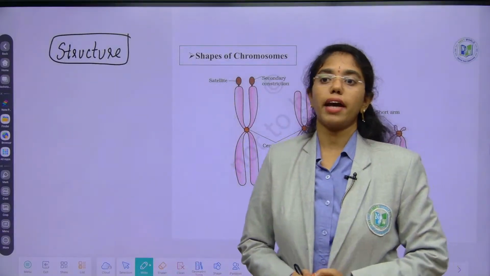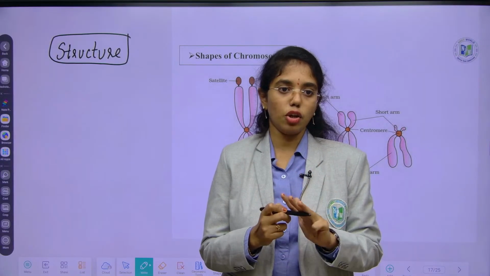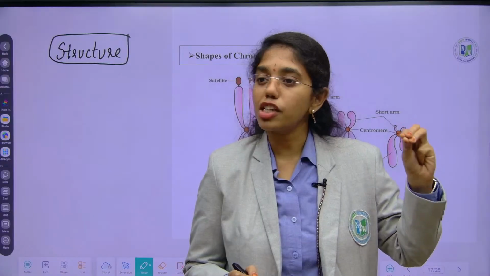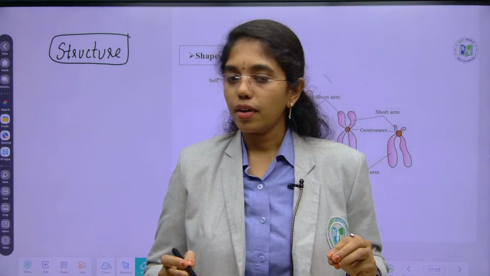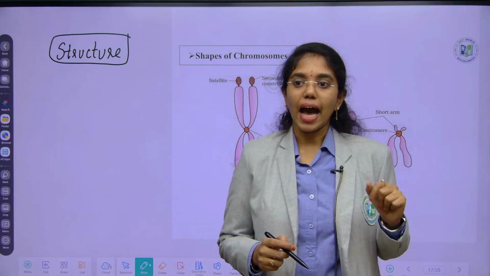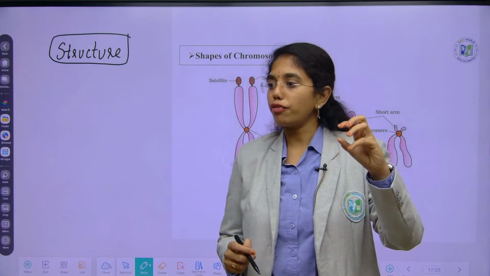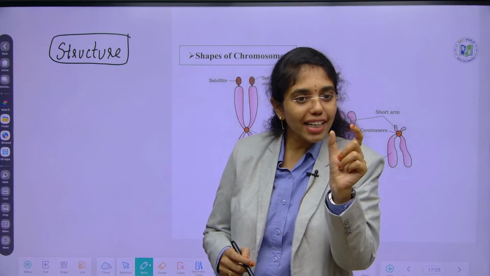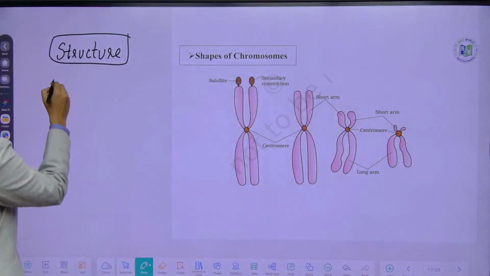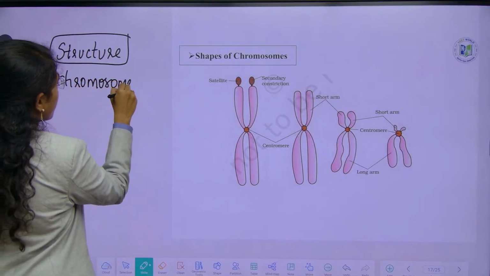Prophase, metaphase, anaphase, telophase. Amongst these 4 phases, at which phase can you see the clear structure of the chromosome? Metaphase. At the end of prophase and in metaphase, the complete condensation of chromatin occurs and you can see the shortest and thickest chromosomes. So, the structure of the chromosome is clearly observed in metaphase.